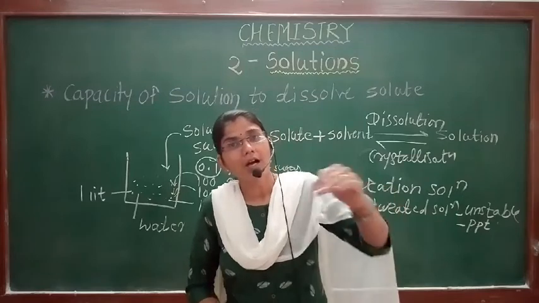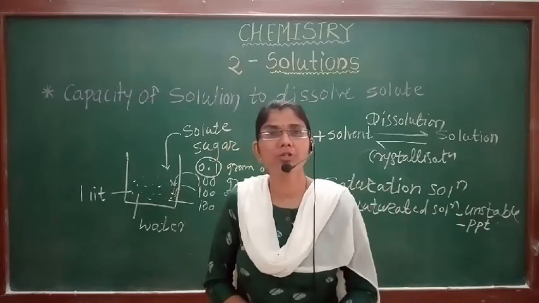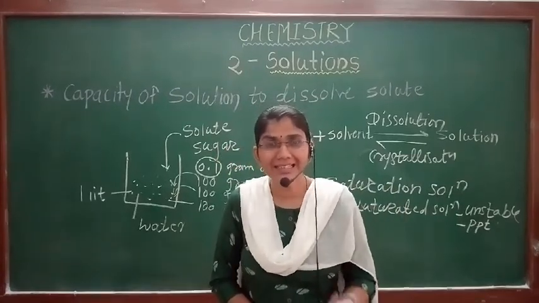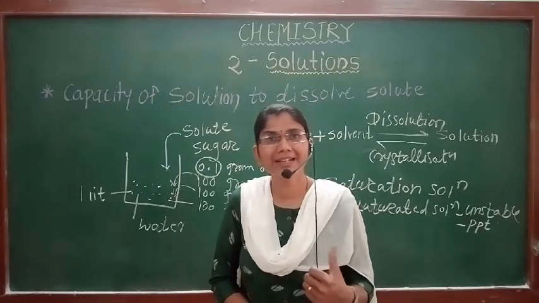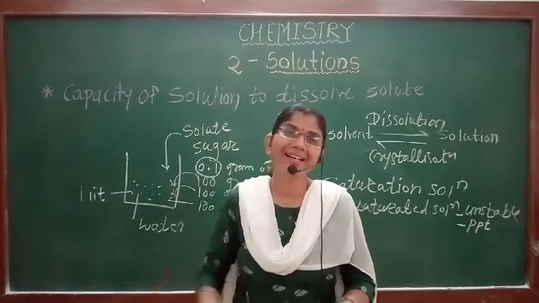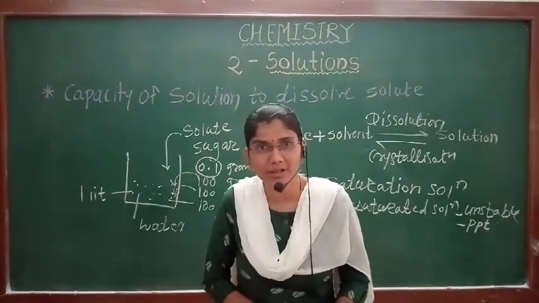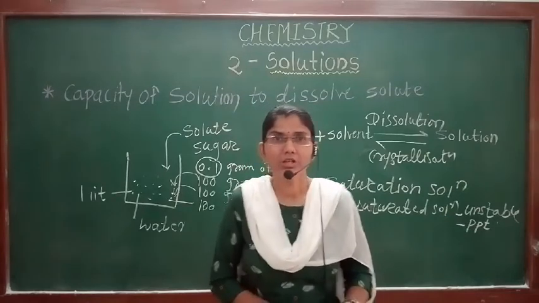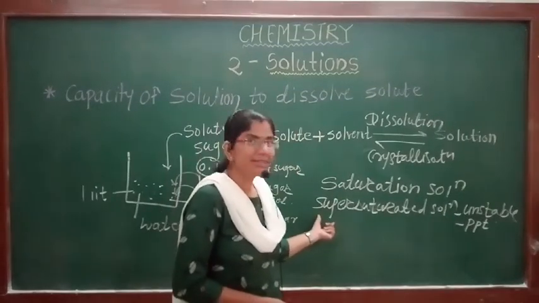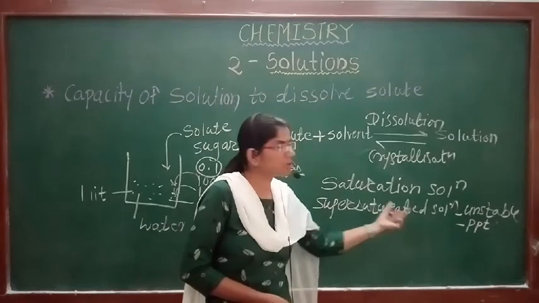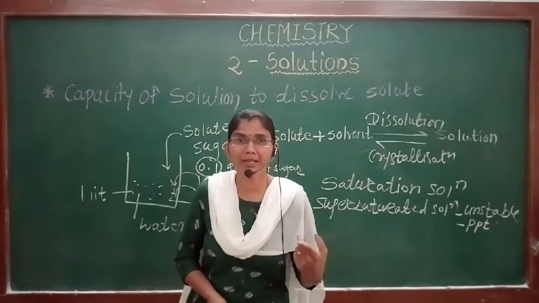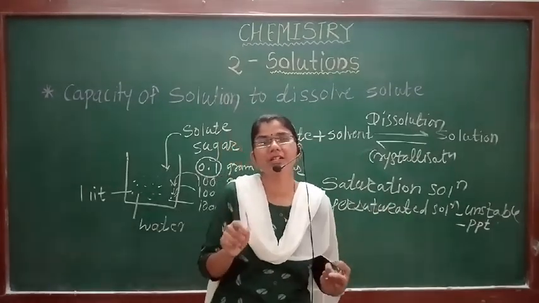But if we add some more solute to it, then it does not get dissolved. Then the crystallization process occurs, and the solution formed is called the supersaturated solution, which is unstable. That means a precipitation will be formed.